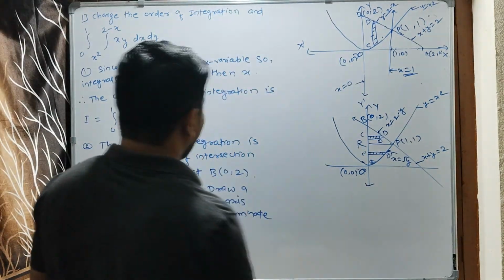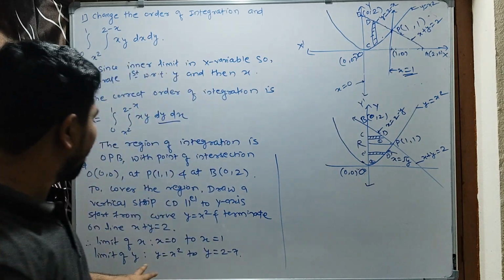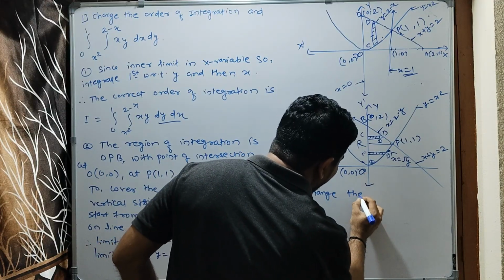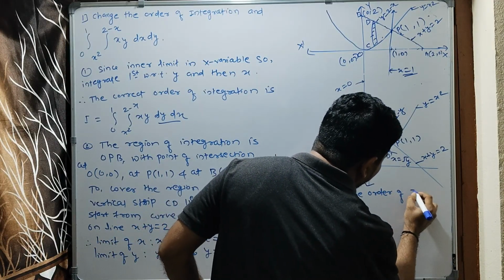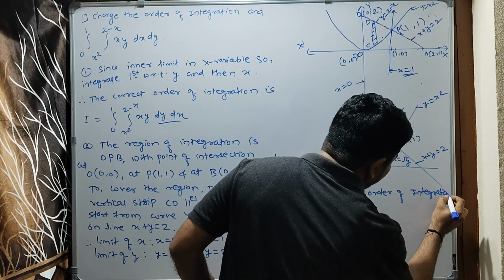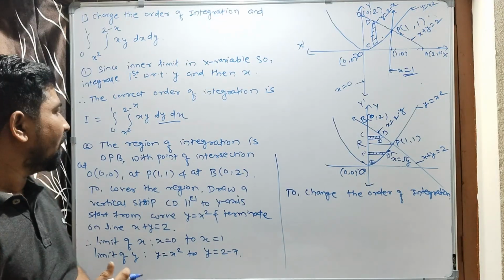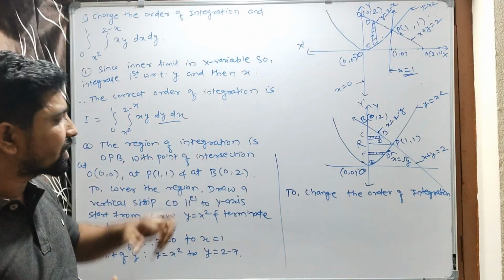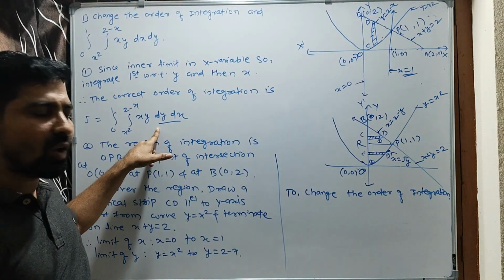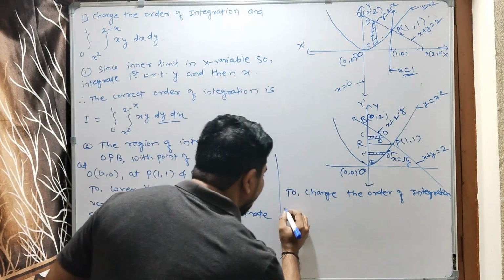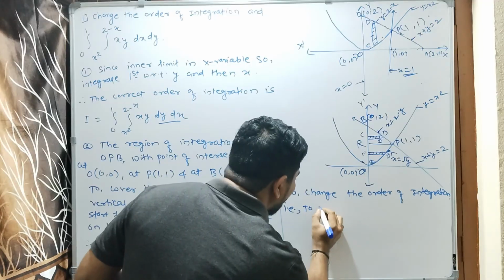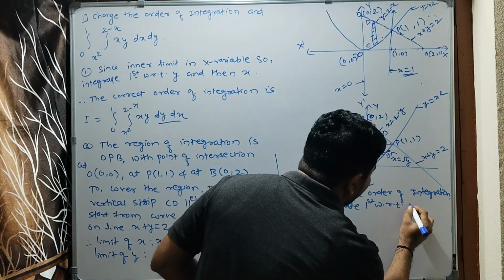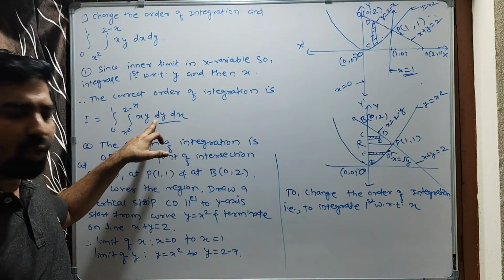First I will write some theory. To change the order of integration: the correct form is dy dx, which indicates that we first integrate with respect to y and then x.